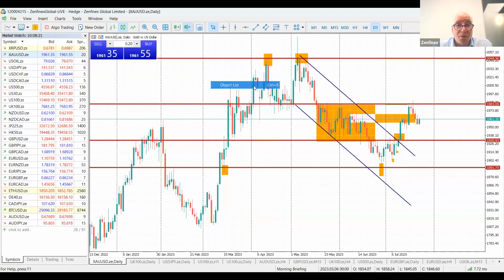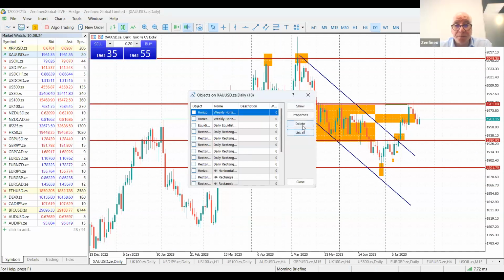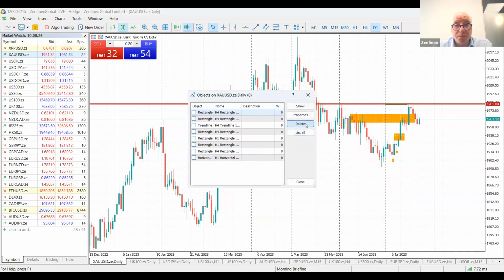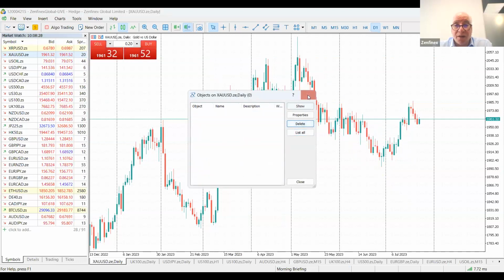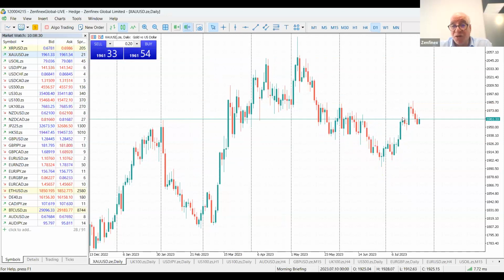So let me first of all get rid of everything and start again. As I always re-emphasize, doing this exercise over and over again will really help your trading, because rather than being honed in and focused on a 5-minute chart or an hourly chart, you're stepping back to begin with and looking to see if any levels could be important in your current trading ideas.